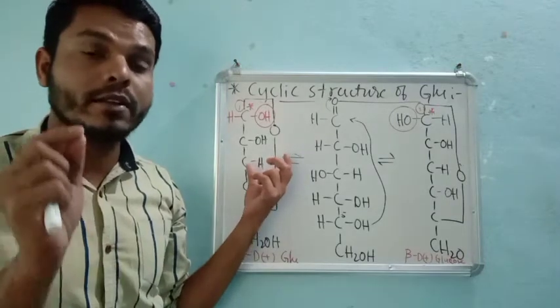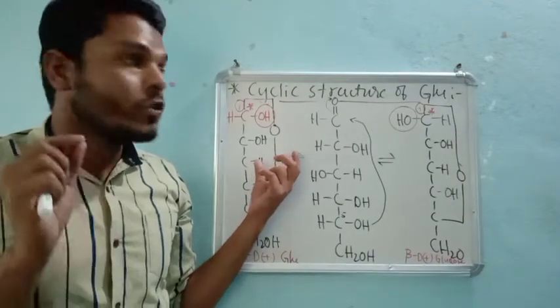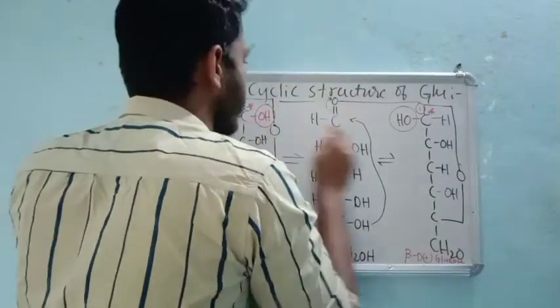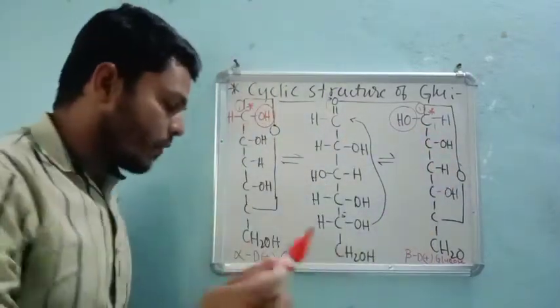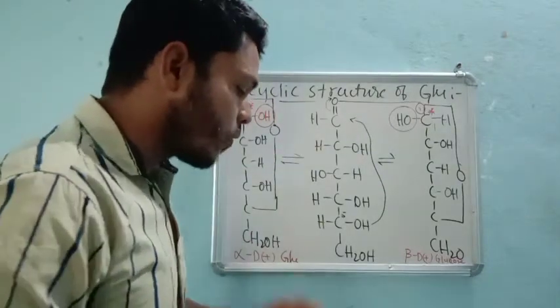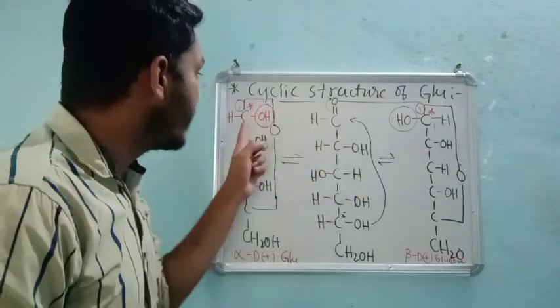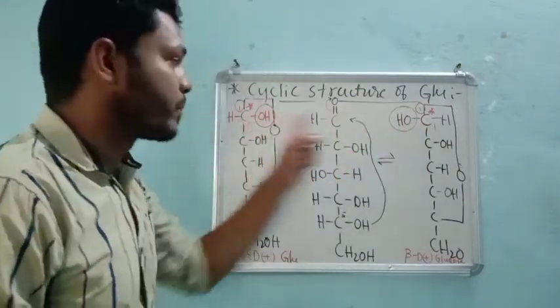Try to find this word in your book. An anomer is nothing but, if I consider these as C1 and C1, glucose differing only in the configuration of the hydroxyl group, that means the OH group at the C1 position.